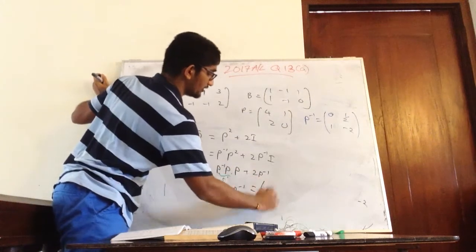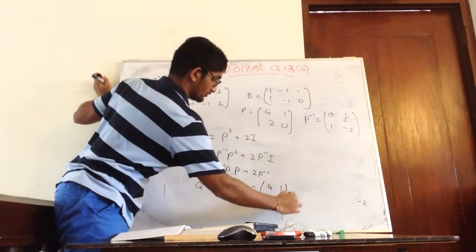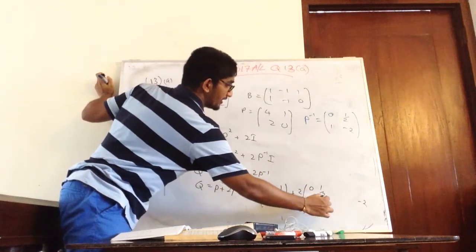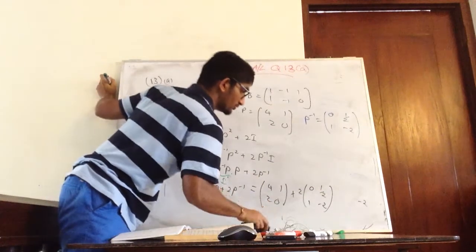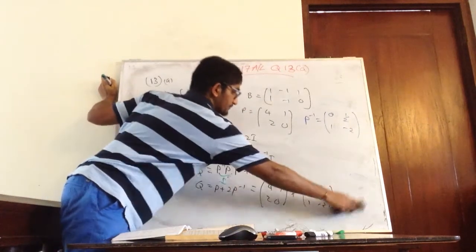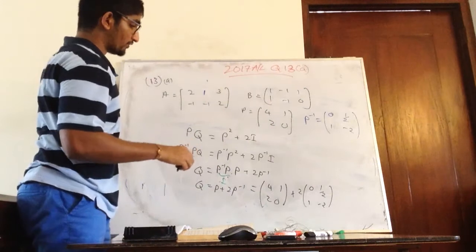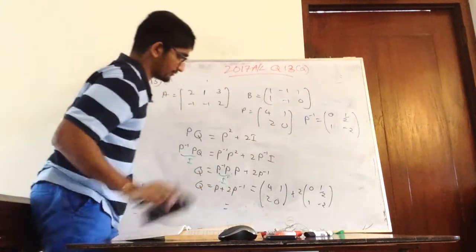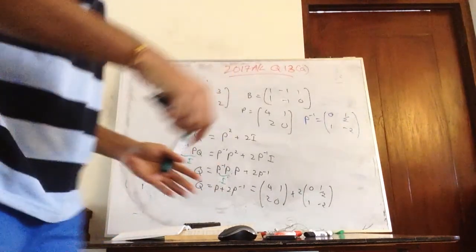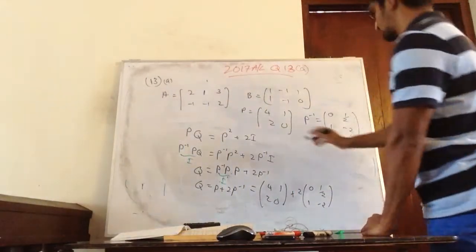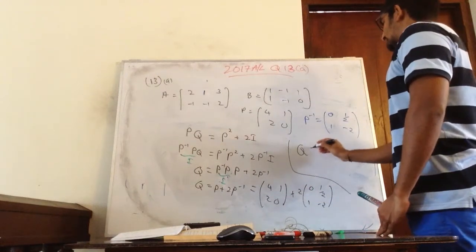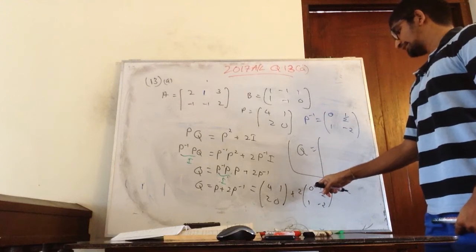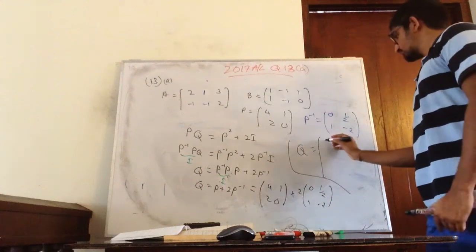So what is P? 4, 1, 2, 0. 2 times 0, half, 1, minus 2. So you will get, right? So what will you get? I'll write the answer here. So you will get Q as, so 4 plus 2 times 0 is going to be 4.